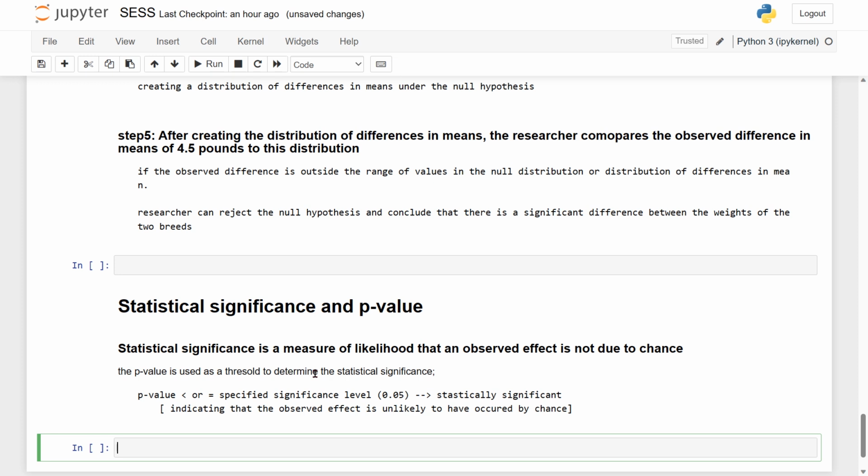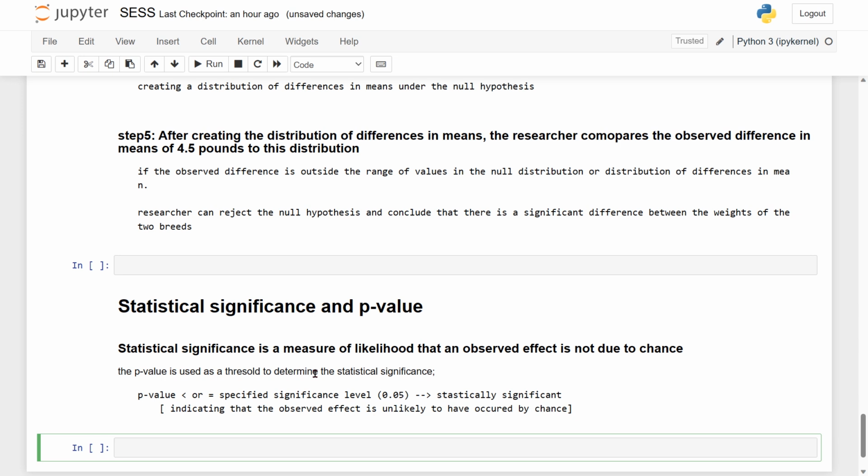However, it's important to note that statistical significance does not necessarily imply practical or clinical significance. A statistically significant result may not be meaningful or important in the context of the research question or the real world application. Additionally, statistical significance does not guarantee the absence of confounding or other sources of bias in the study design or data collection.